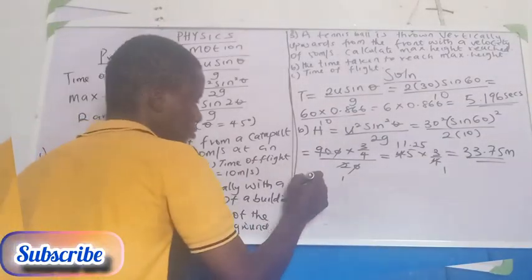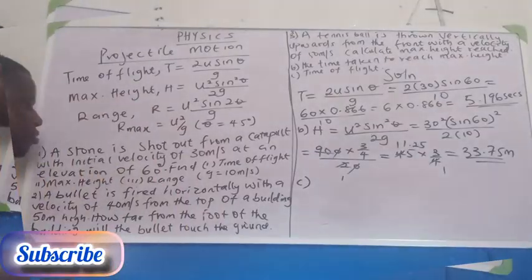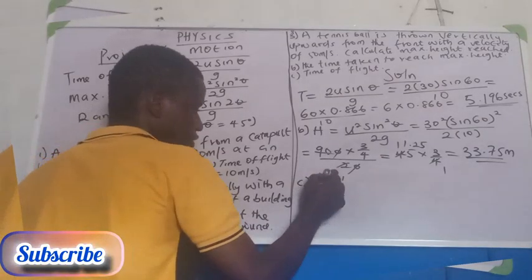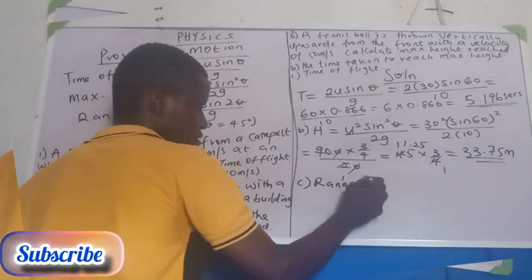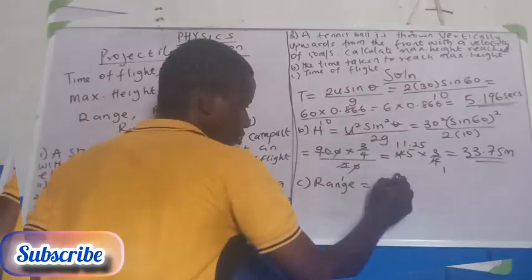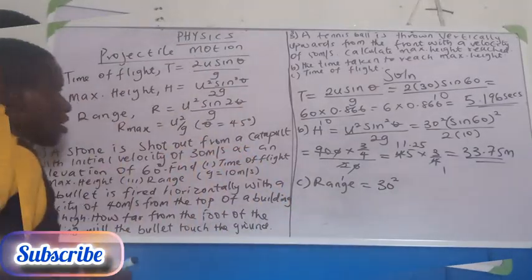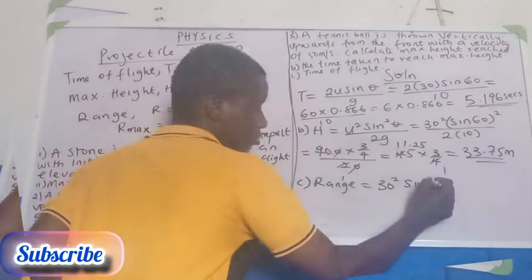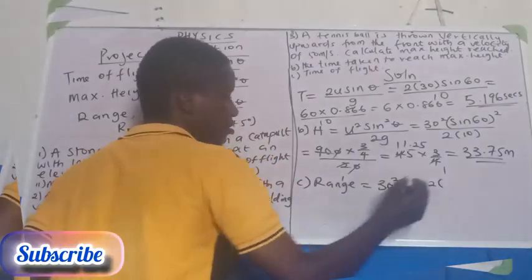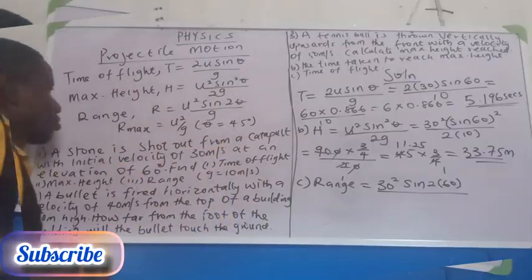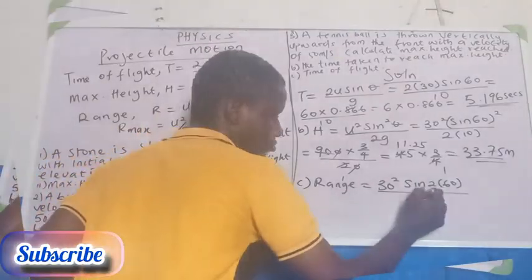Alright, so the C part says find the range. The formula for range is equal to u squared sine 2 theta over g. u squared is 30 squared, sine 2 theta with theta being 60, all over 10.